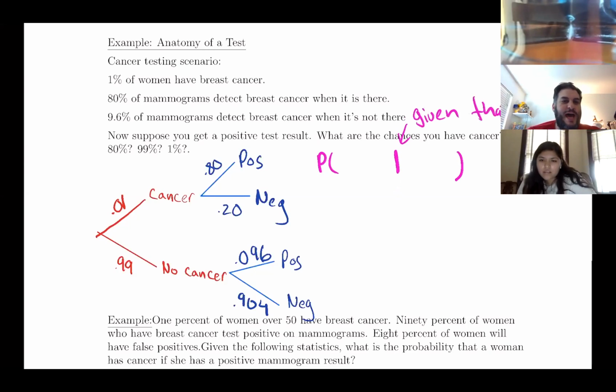So anything that comes after "given that" means that's what we already know. Since you already told me we know they tested positive, we'll put positive right here. And we want to find the probability they have cancer.